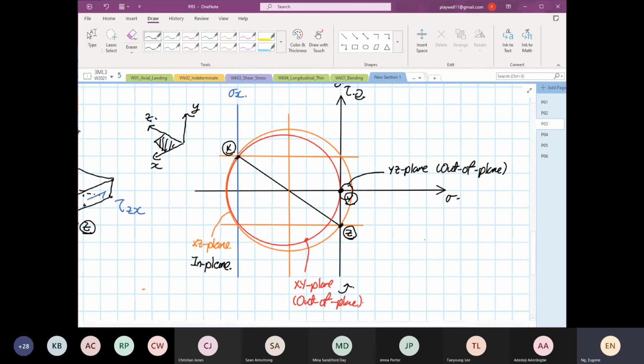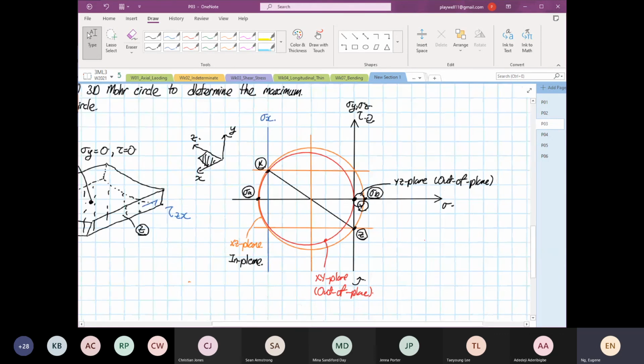So you can label now, this is stress A, over here is your stress B, or you flip it over, it does not really matter. Now once you've got this, what we wanted to do in the very beginning is see where the maximum shearing stress is. The maximum shearing stress is here.